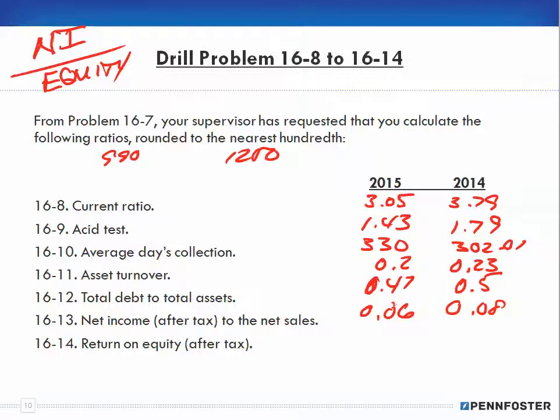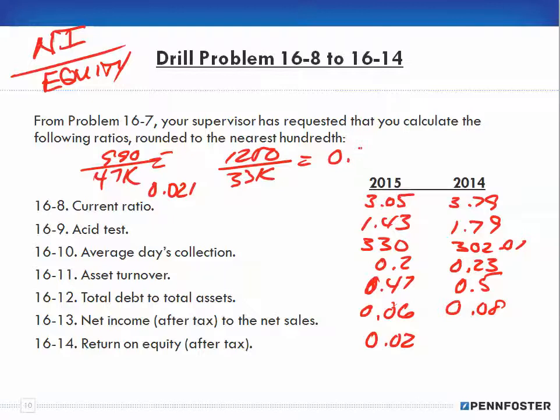So I take the 990 for 2015 and I'm dividing that by the 47,000, and the 1200 I'm dividing by the 33,000. Okay, so 990 divided by 47,000 is 0.021 or 0.02, and 1200 divided by 33,000 is 0.036, rounding up 0.04.